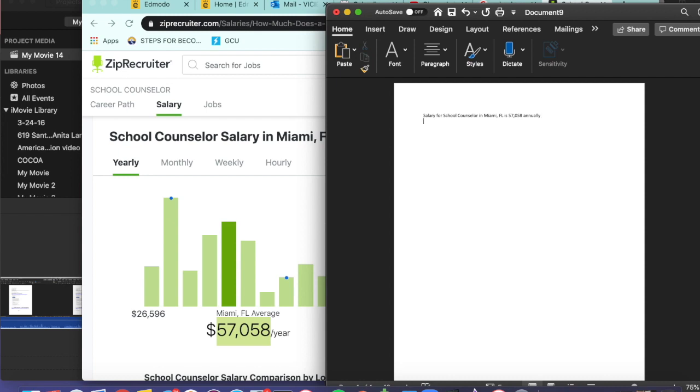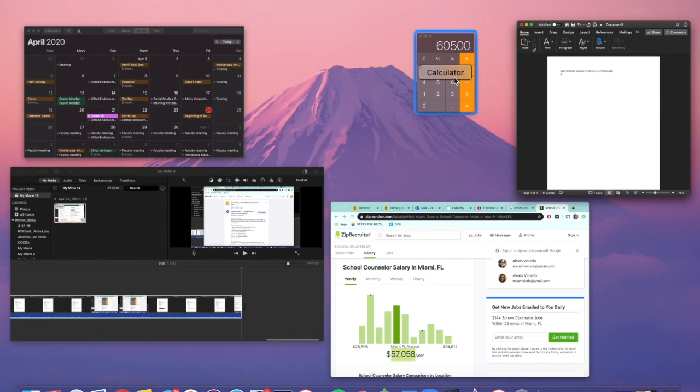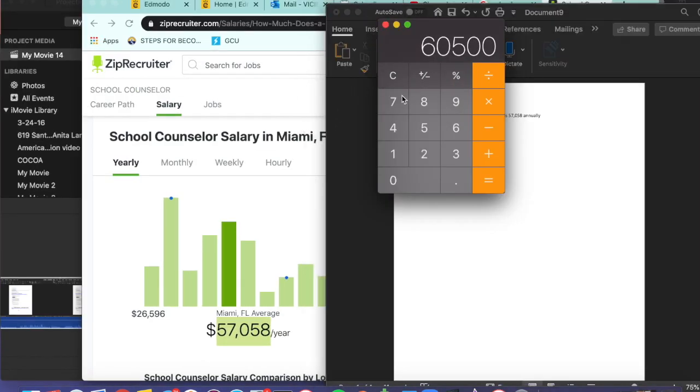Now we have to figure out how much you would have monthly. Because there are 12 months in a year, what you would be doing is dividing this number by 12. So let's go ahead and do that. We have 57,058 divided by 12, because there are 12 months in a year.